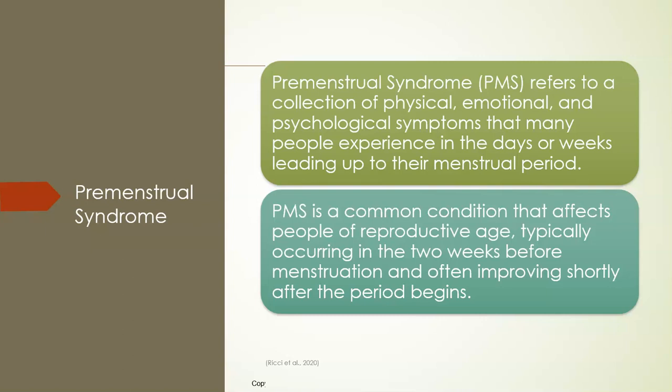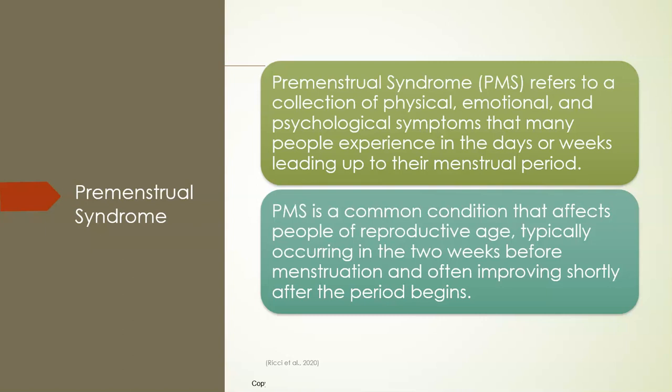PMS is a common condition that affects women of reproductive age, typically occurring in the 2 weeks before the menstrual period and often improving shortly after the period begins. Again, this is a collection of psychological, emotional, and even physical symptoms that they may experience.